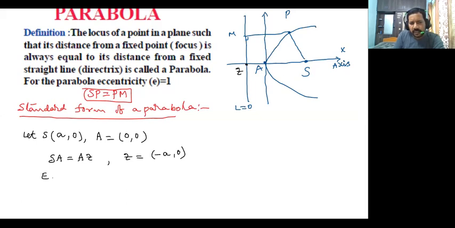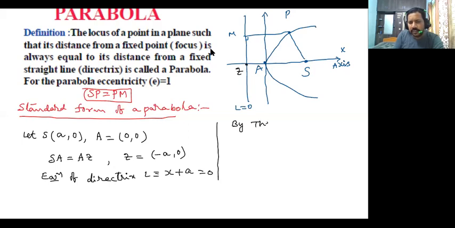So here I am writing the equation of the directrix. What is that? L is equal to x plus a. This is the equation of the directrix. We know the definition. By the definition, what is the condition?